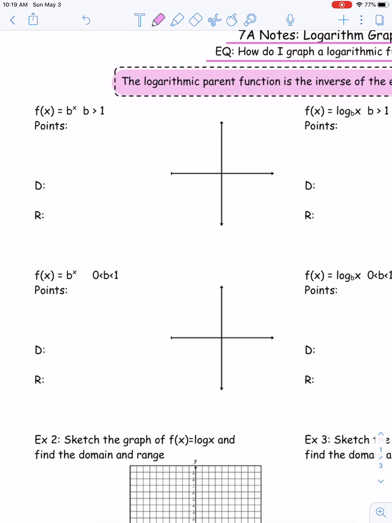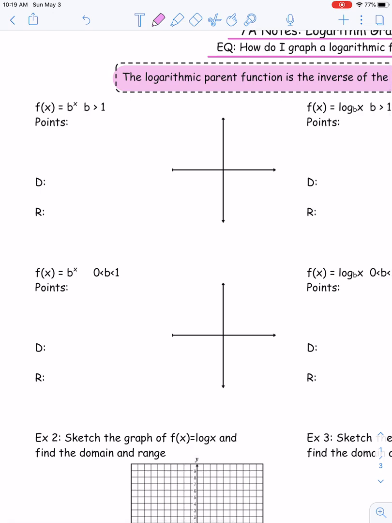Just as you remember, if our base is greater than 1, our point would be (0, 1), because anything raised to the 0 power is going to give us 1. We would have (1, b), whatever our base is, (2, b squared), and then (-1, 1/b). We don't know what our base is, but that's what we would get, right?